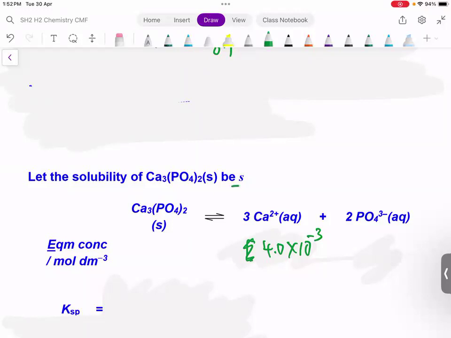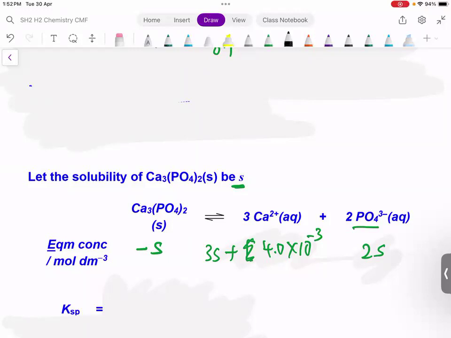If this is my solubility, this will be minus S, then phosphate will be 2S. So in this case, do I add 3S here? Because there are 3 moles of calcium 2 plus coming from calcium phosphate, do I need to add 3S here?